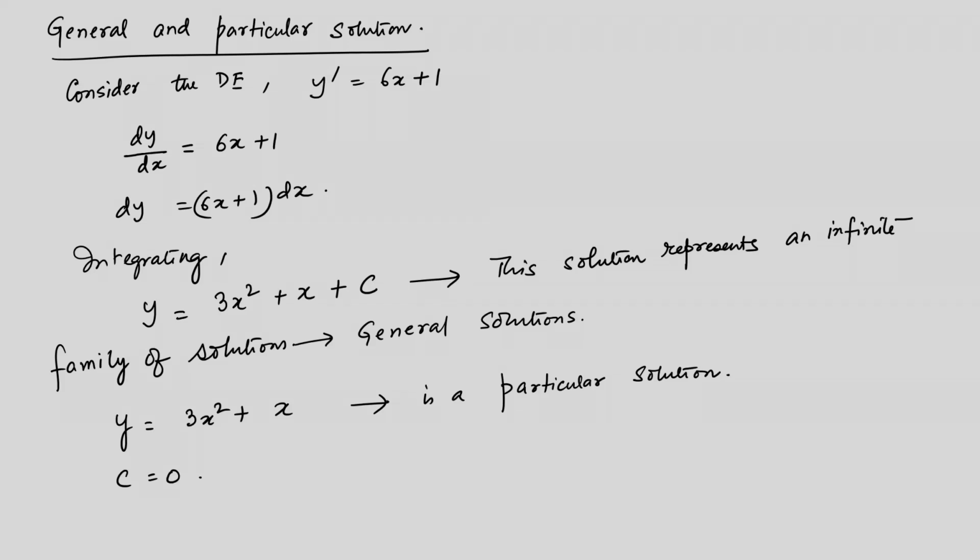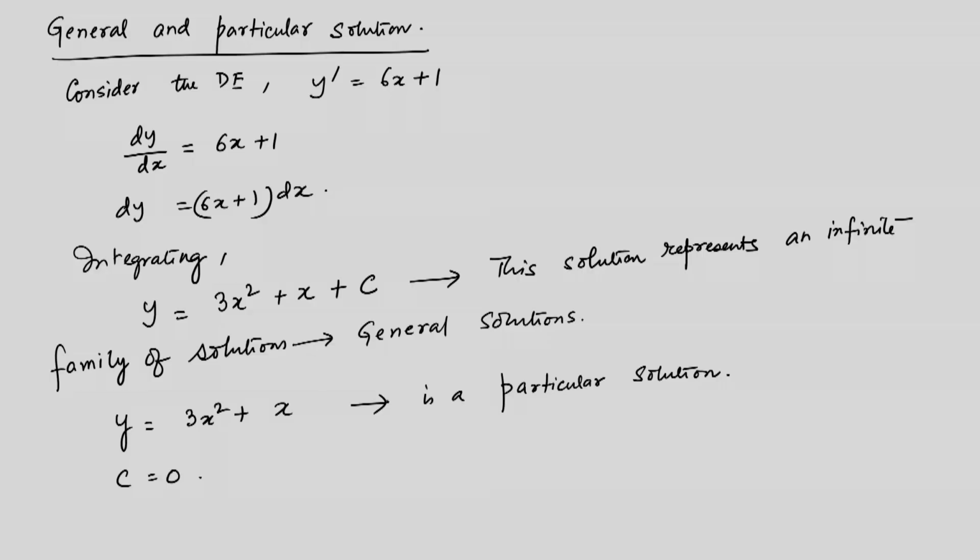So, this constant will have to be evaluated in order to arrive at a particular solution, because for a given differential equation you want a particular solution, and most of the time you do not actually worry about a family of solutions. The family of solutions can exist, but that does not specify the problem completely.